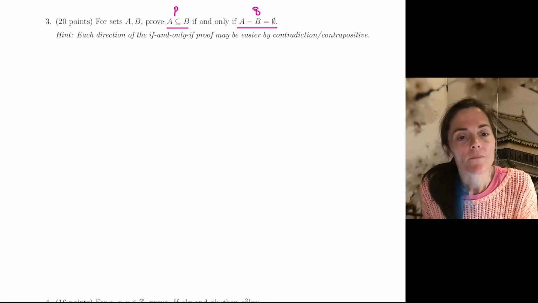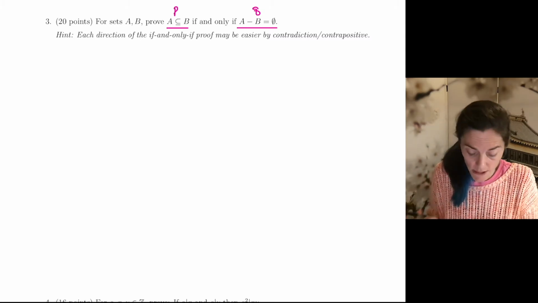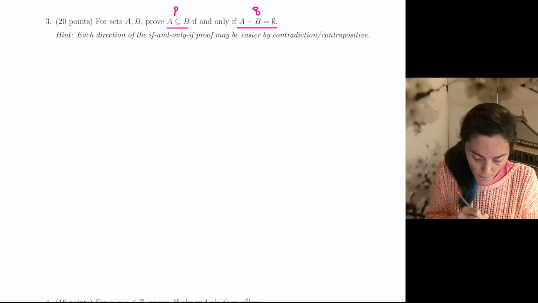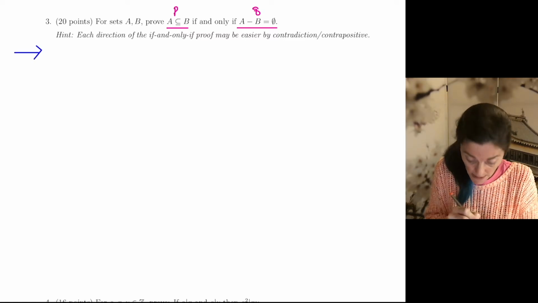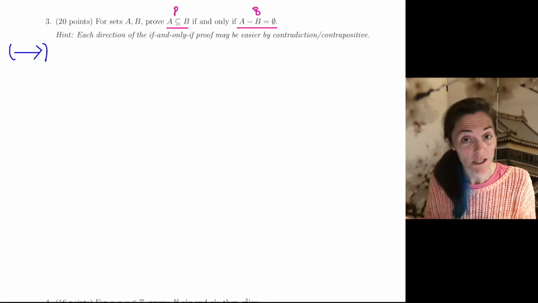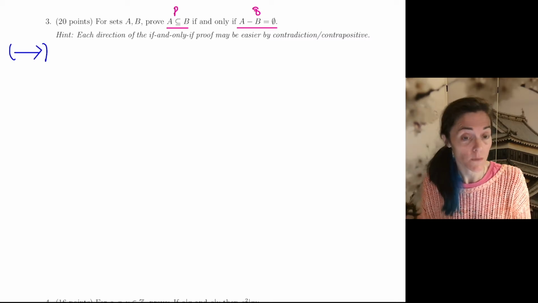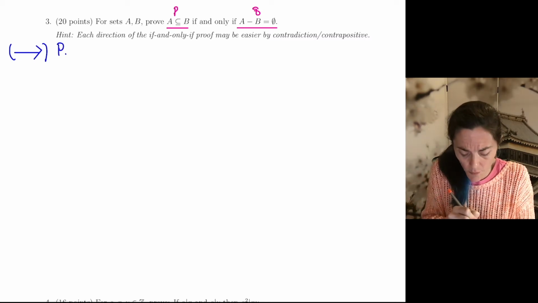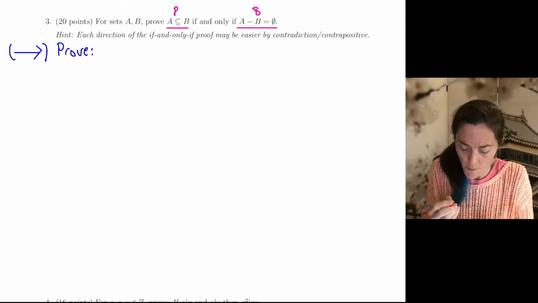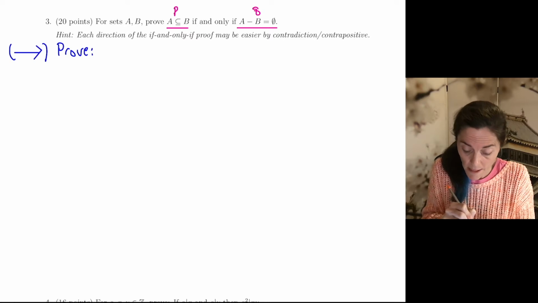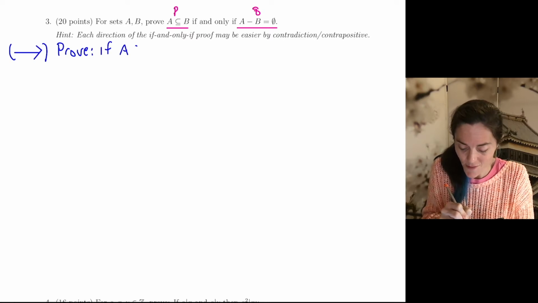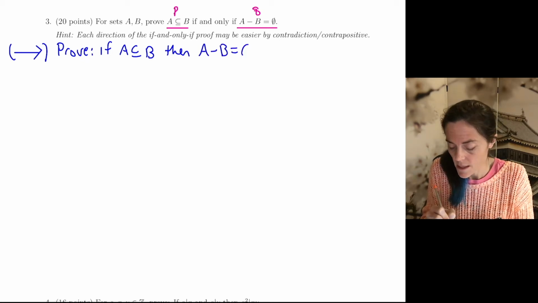Now, this has 2 directions. First of all, I have a forward direction to prove P implies Q, and then I have the other direction to prove Q implies P. So let me just state what I'm proving each way. We want to prove if A is a subset of B, then A minus B is the empty set.